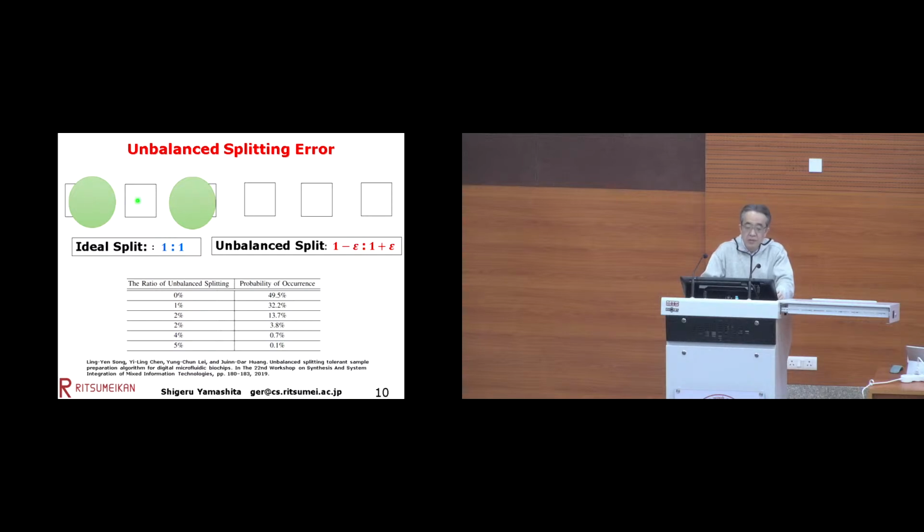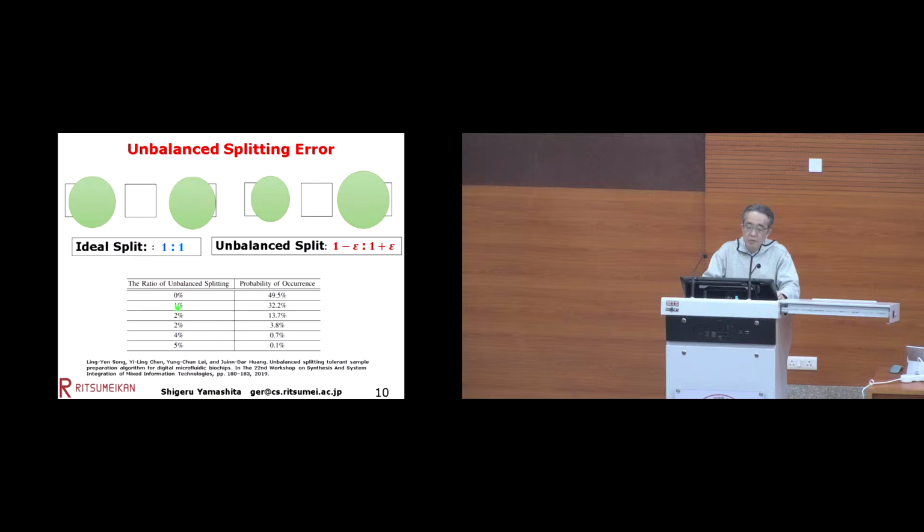But of course, this is just an analog machine. So what happens here is that sometimes there is unbalanced splitting. This table is from previous research. Of course, these values change depending on the device, but they reported that for this unbalanced splitting, this epsilon, in almost half of the cases it is 0%.